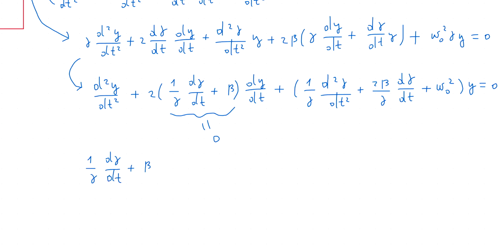This must be equal to 0. The variables may be separated in this differential equation, so we will obtain d gamma divided by gamma equals minus beta dt.